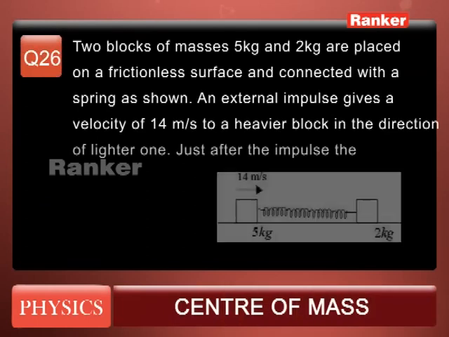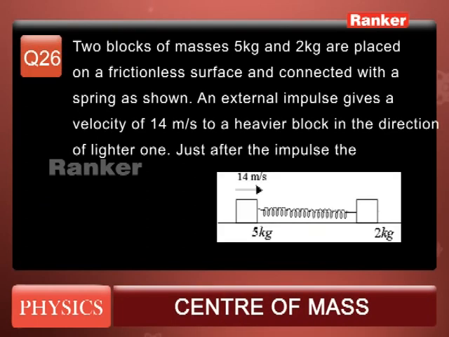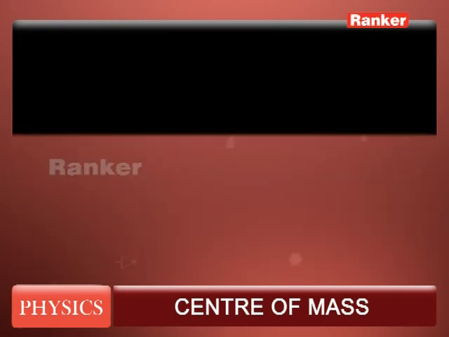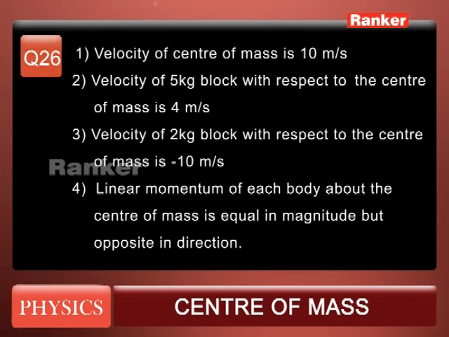Question number 26. The two blocks of masses 5 kg and 2 kg are placed on a frictionless surface and connected with a spring as shown. An external impulse gives a velocity of 14 meter per second to the heavier block in the direction of the lighter one. So just after the impulse, the first option is the velocity of center of mass is 10 meter per second.